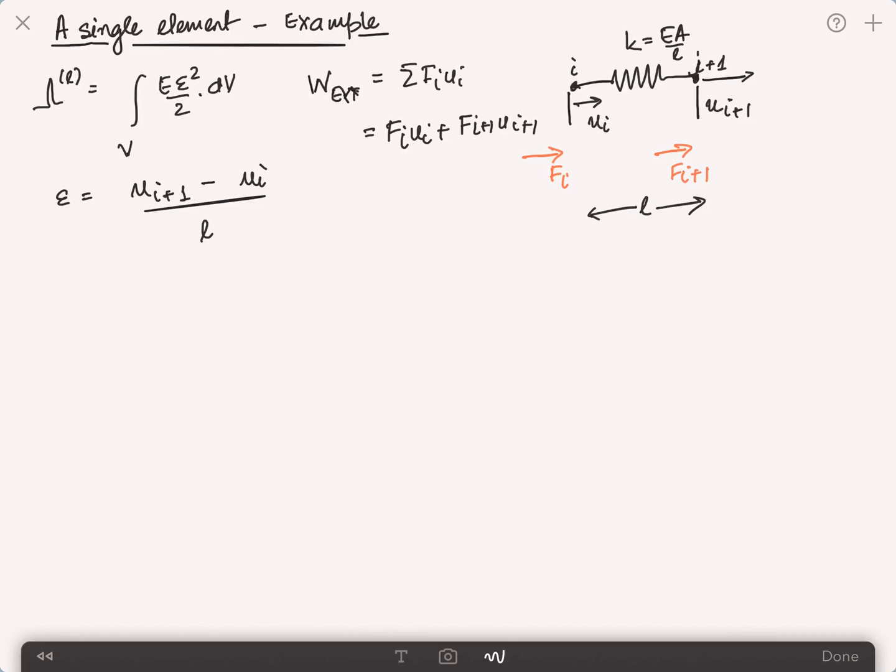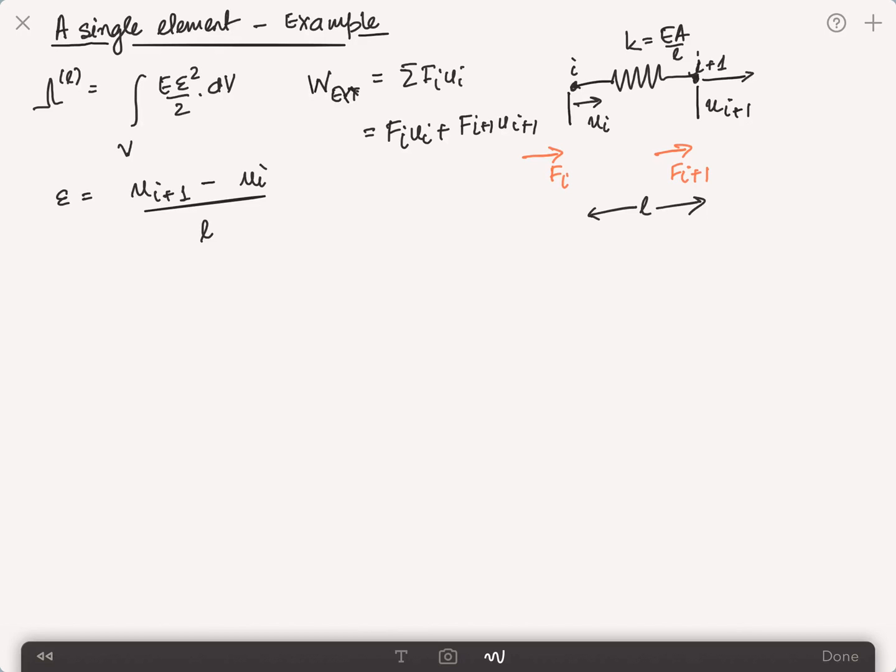So ui plus 1 minus ui by L. That's the strain in the element, the difference in the displacements between node i and node i plus 1. Of course, that's going to give you the deformation caused by the force acting. So there we've defined the strain.